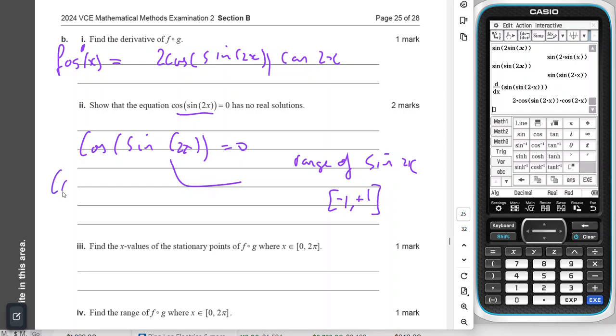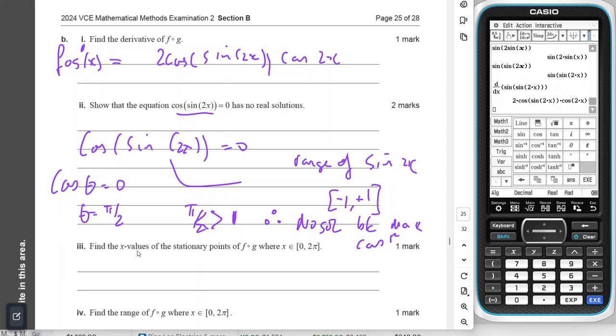But cos of theta equals 0, theta's got to equal pi on 2, and pi on 2 is bigger than 1, therefore no solution, because the maximum is the cos of 1 radian.